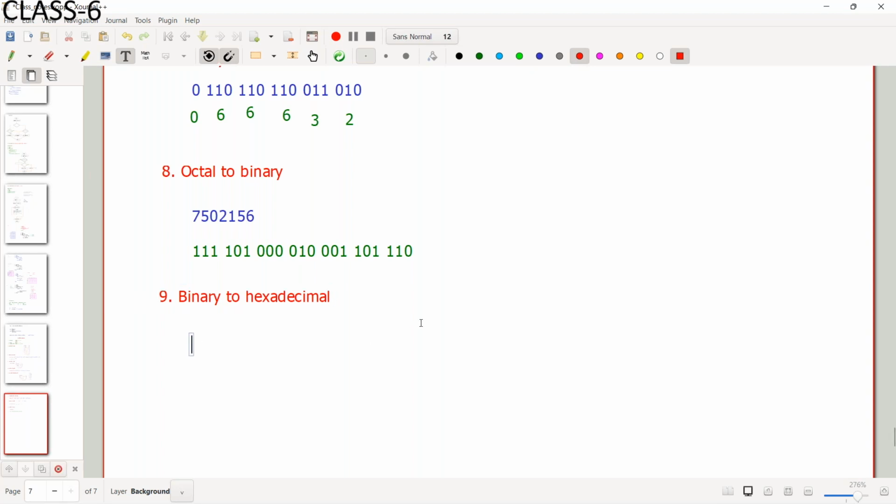The base here is 16, so we are going to take the numbers from 0 to 15. How will we represent 15 in binary? 15 in binary can be represented using a maximum of 4 bits, 1111, isn't it?